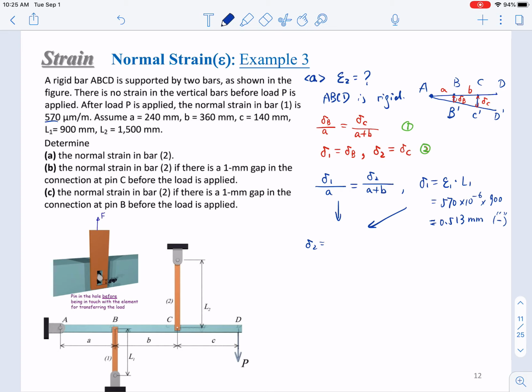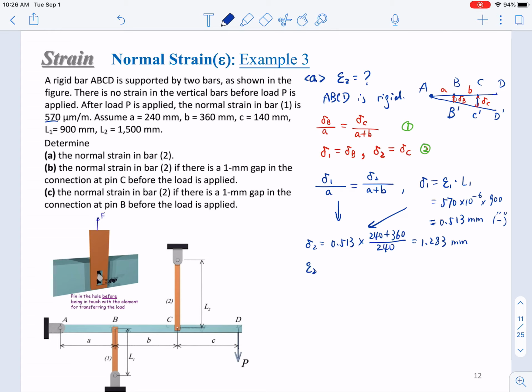That will be 0.513, this is delta 1, times A plus B over A. So A plus B will be 240 plus 360 over 240. So this will be 1.283 millimeter.